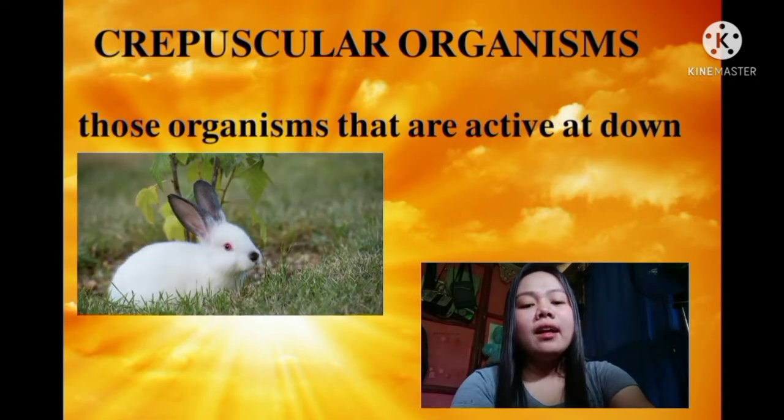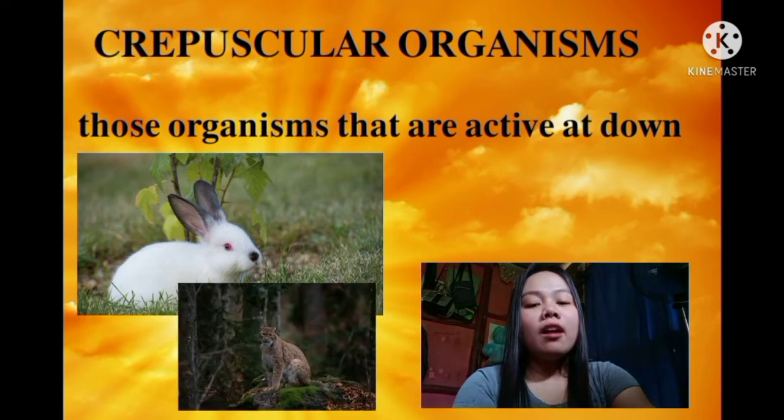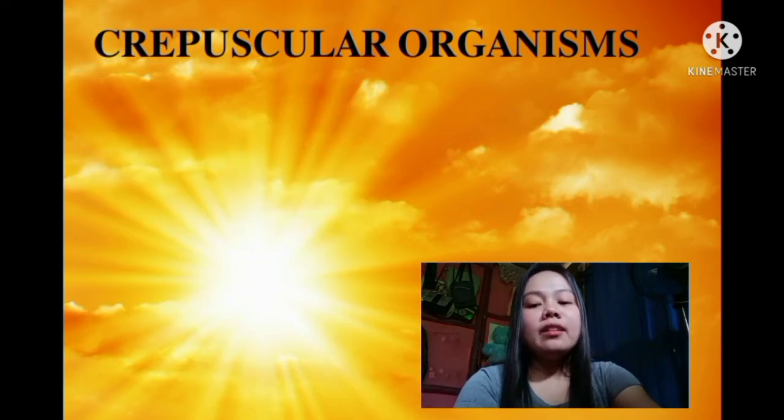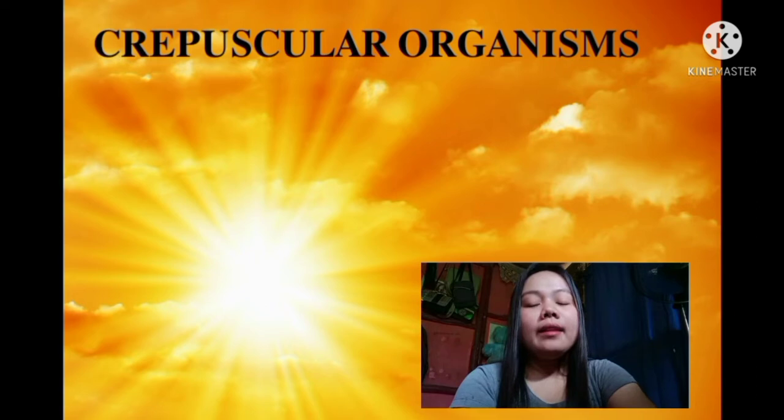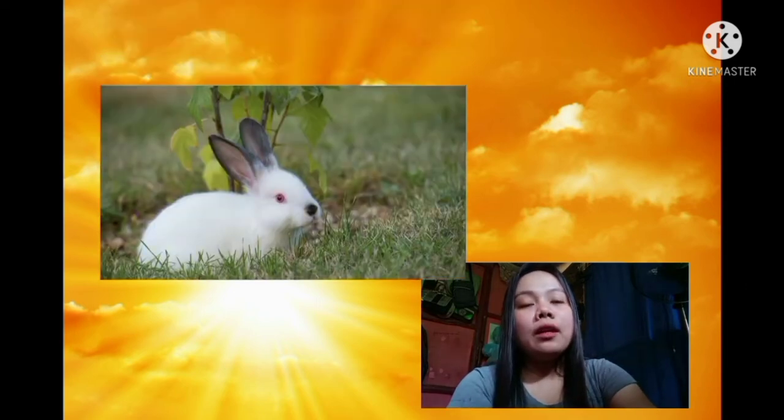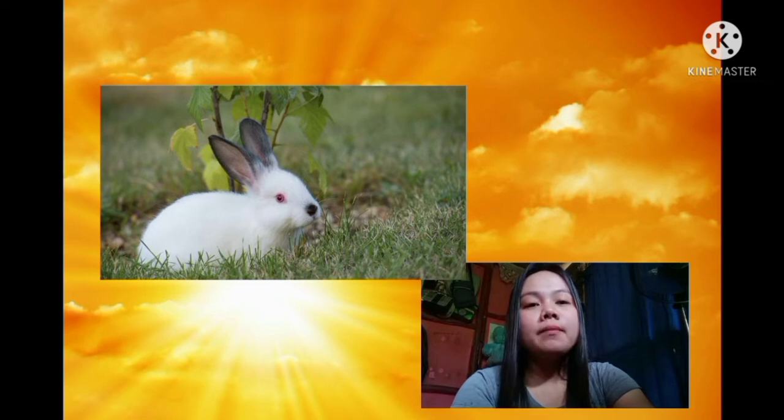These are organisms that are active at dusk and dawn, different from nocturnal and diurnal organisms. They sleep at night and lay low during the day, for example snakes, lizards, tigers, and bunnies.